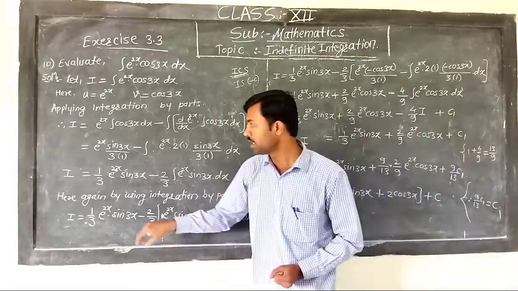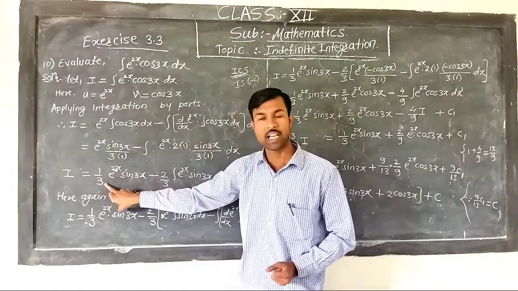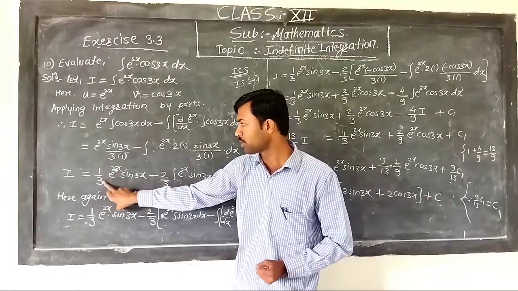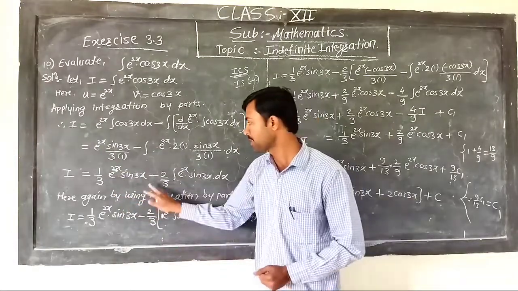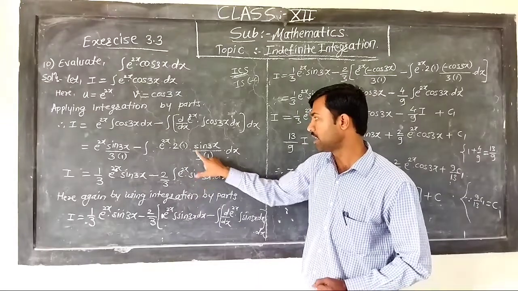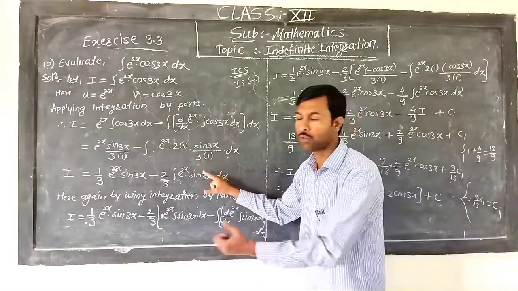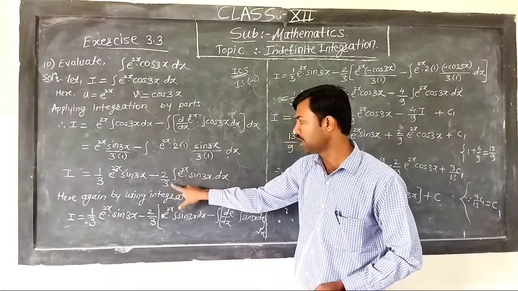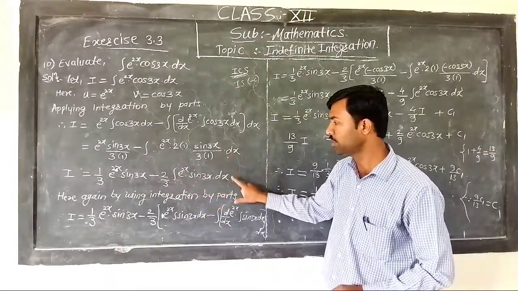Now friends, here 3 ones are 3, 1 upon 3 is constant, so I write it in the first term, 1 upon 3 into the remaining terms are e raised to 2x into sin 3x, minus here friends 2 ones are 2 and 3 ones are 3. It is 2 upon 3 is constant here, so I take it outside of integration, that is 2 upon 3 into integration of e raised to 2x into sin 3x into dx.